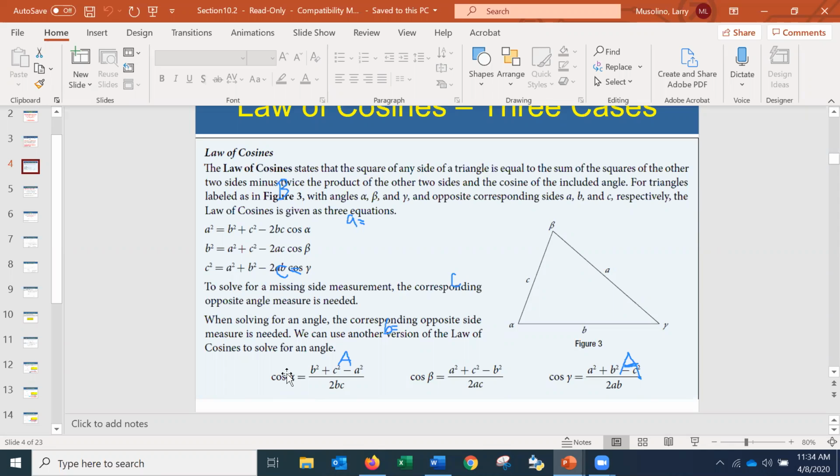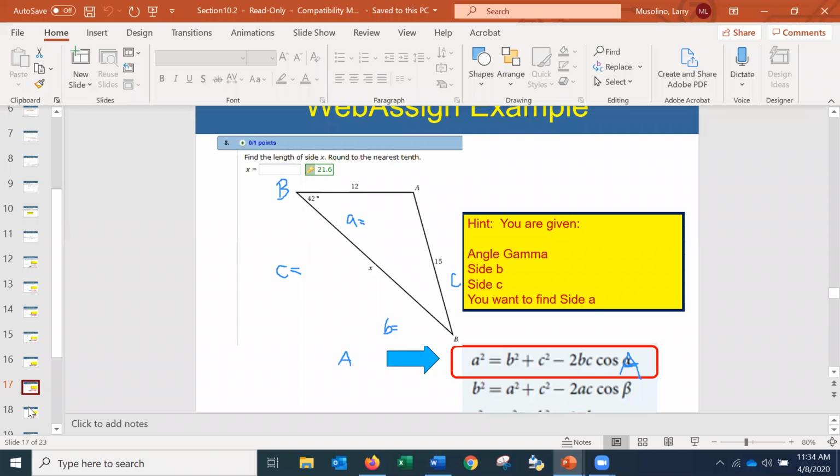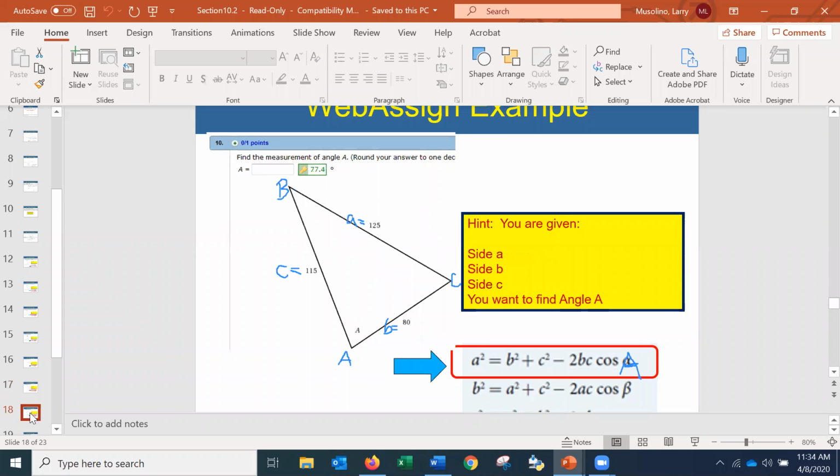So I'm going to use the formula in the lower left corner of this slide right down here because it says cosine alpha. We're thinking of it as cosine A, of course, but you could use alpha if you wanted to instead of A. So let's go back to that slide.